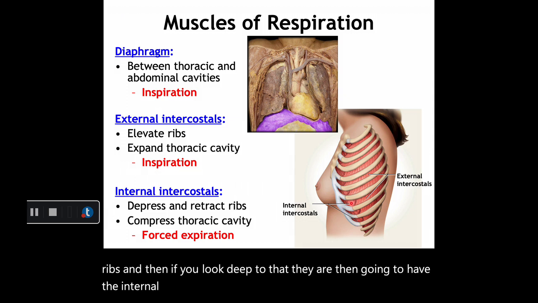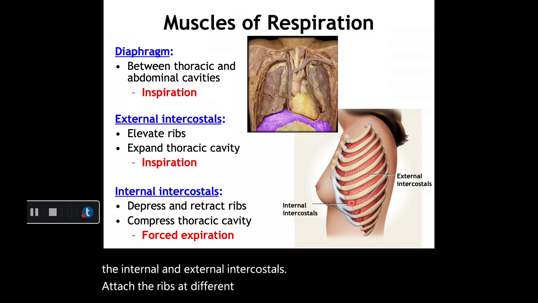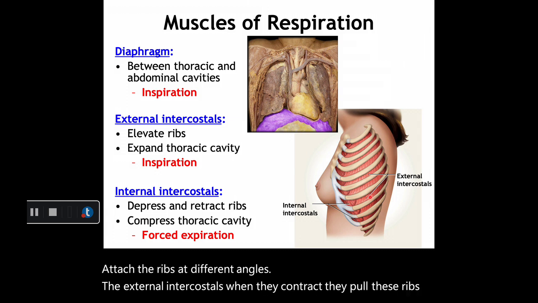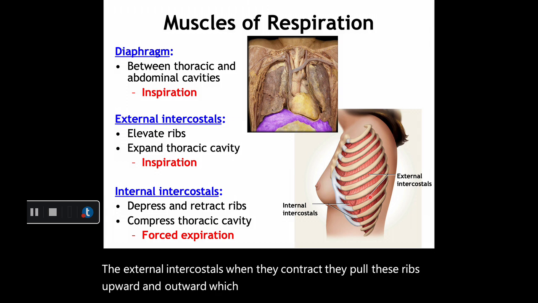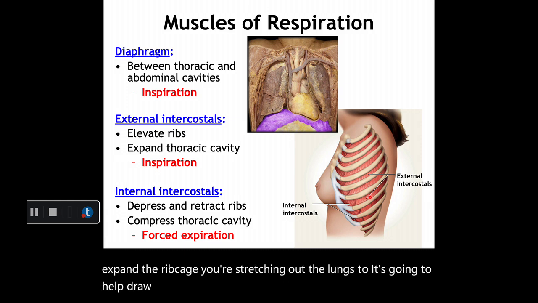Just like the different oblique muscles, the internal and external intercostals attach to the ribs at different angles. The external intercostals, when they contract, pull the ribs upward and outward, which helps expand our rib cage. If you expand the rib cage, you're stretching out the lungs too. It's going to help draw air in for inspiration.